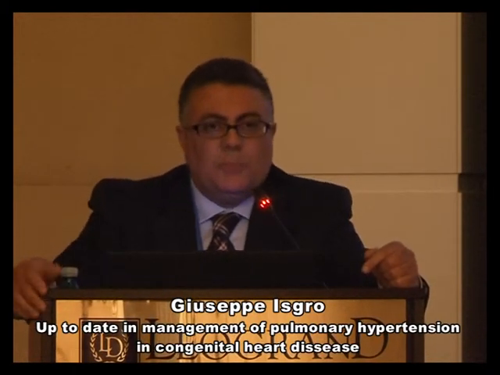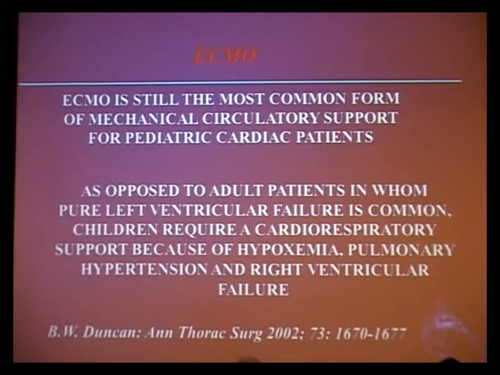Going back to the pediatric population, we use ECMO for the pediatric patients. It is more complete and can assist the patient with heart and lung better than the single ventricle assistance device.